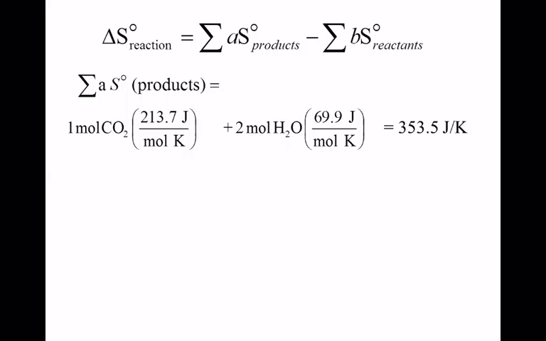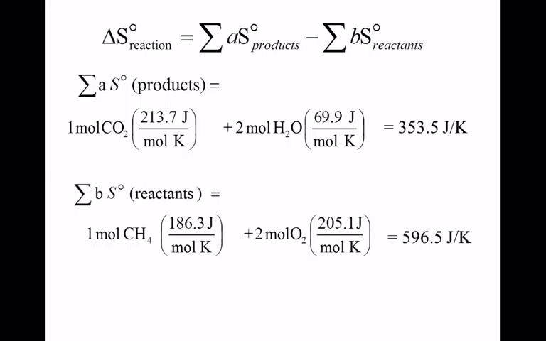And then on the reactant side, that looks like this. 1 mole of CH4 times 186.3 joules per mole Kelvin, plus 2 moles of O2 times 205.1 joules per mole Kelvin. That gives us 596.5 joules per Kelvin.